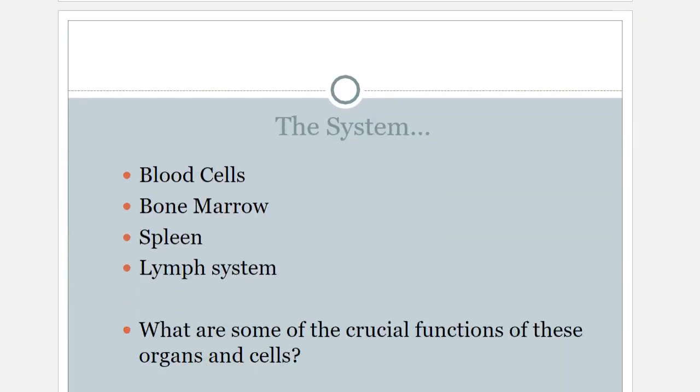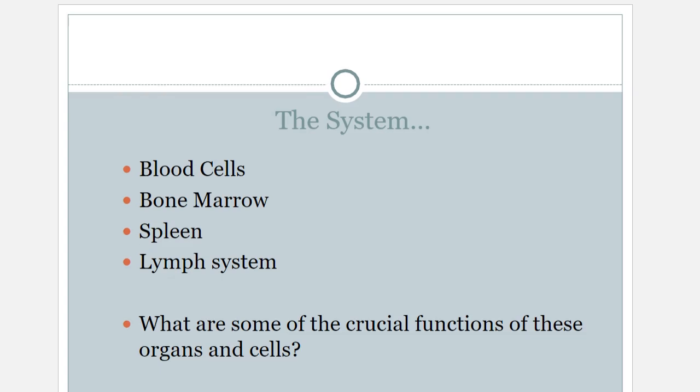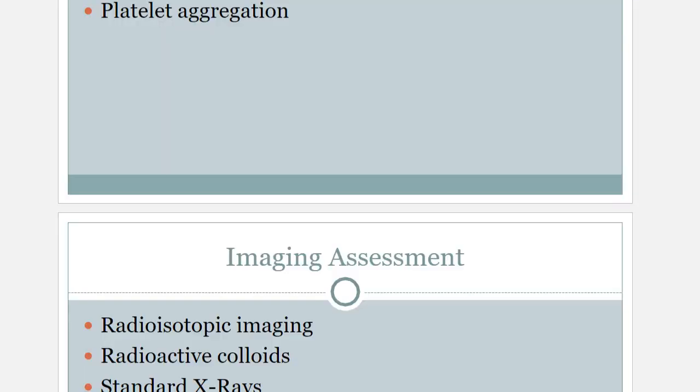And again, when we're talking about the hematological system, think about the involvement of the blood cells, red, white, platelets, the bone marrow, the spleen, and the lymph system, and think about what some of the crucial functions of these organs and cells are. We know what they are; we've just been discussing them.